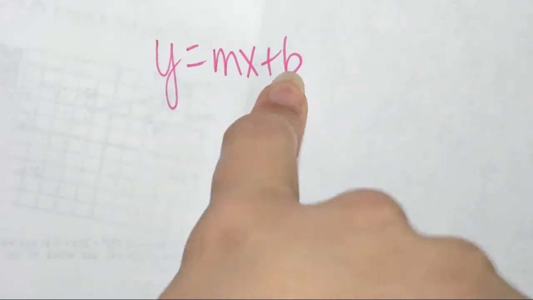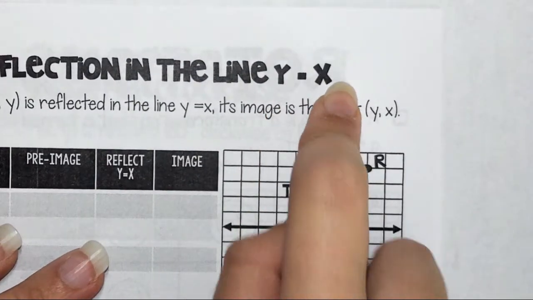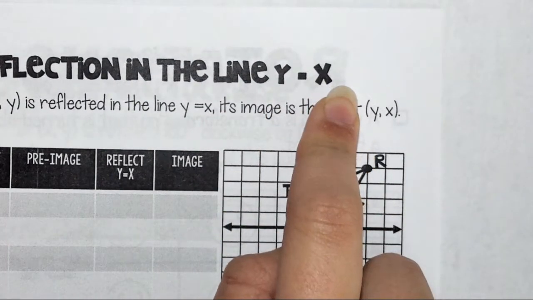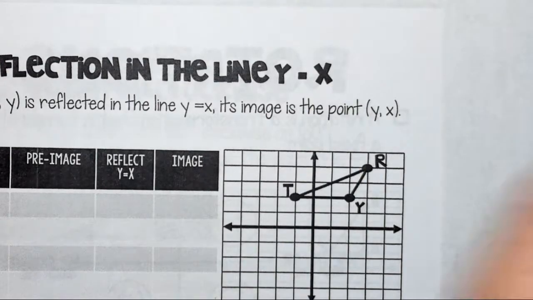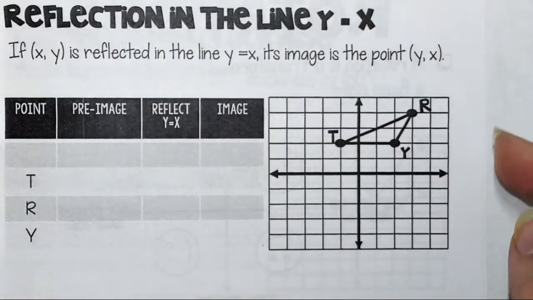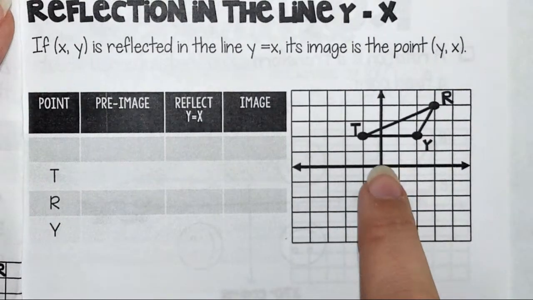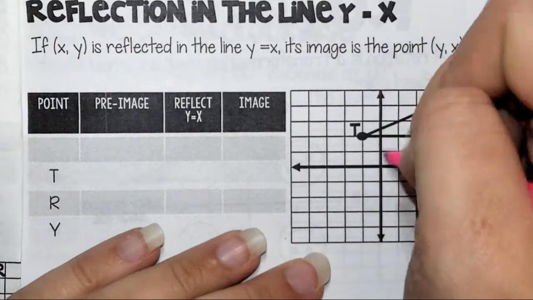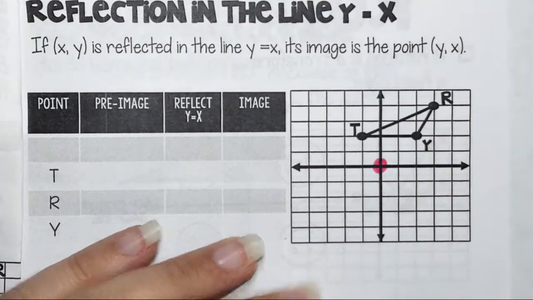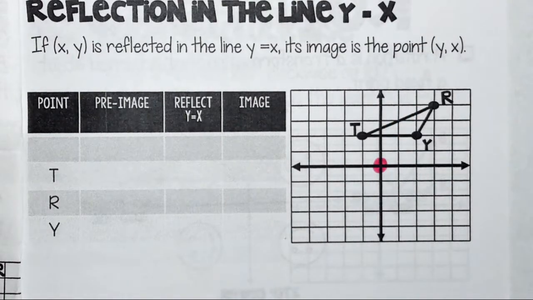So b is your y-intercept, right? When it's y equals x, do we have a y-intercept? No. So what is your y-intercept? 0. Take a point. Okay, what's your slope of y equals x?